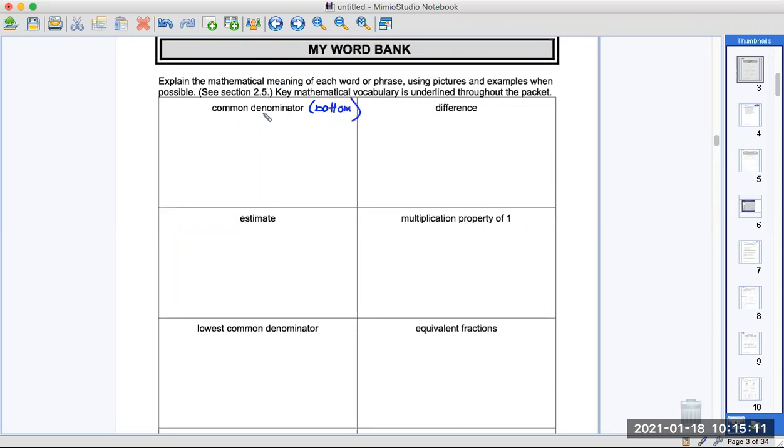So it's the common denominator of 2 or more fractions, usually 2 fractions, sometimes more, is divisible by each of the denominators.